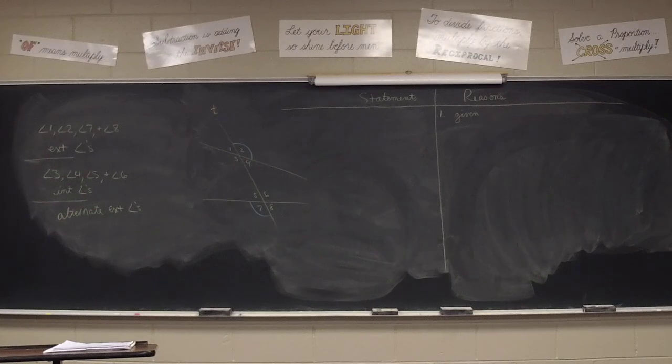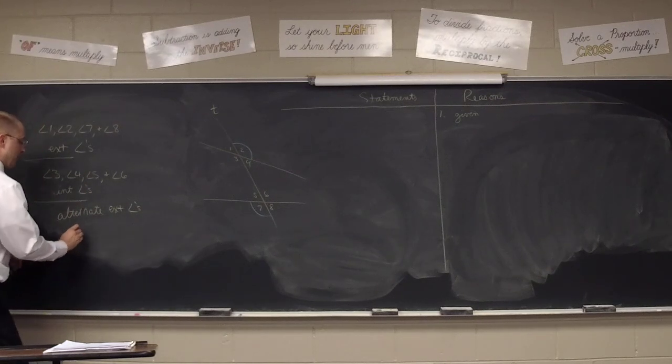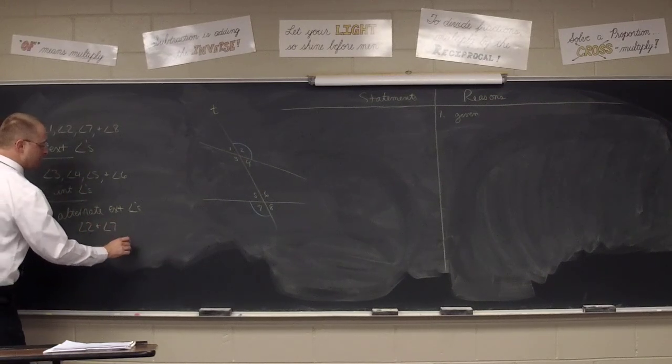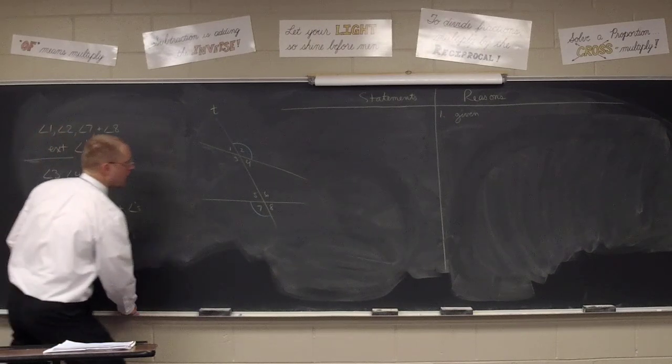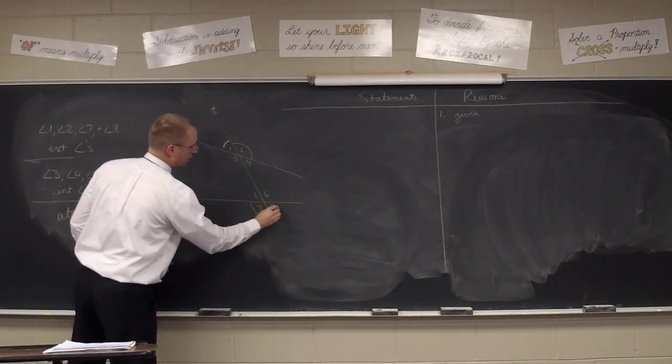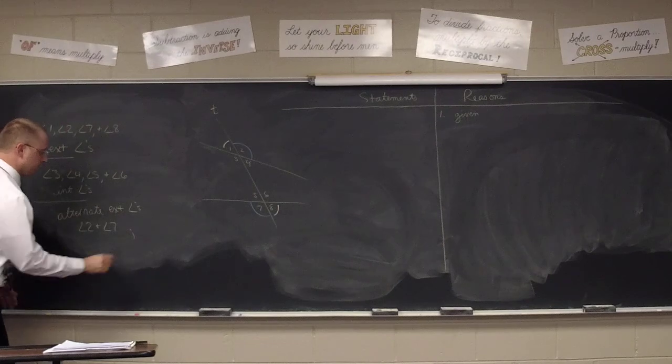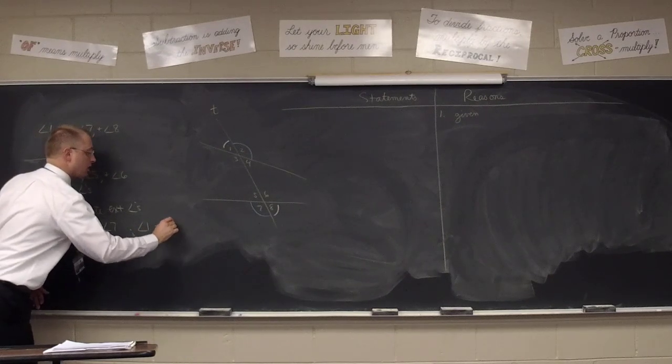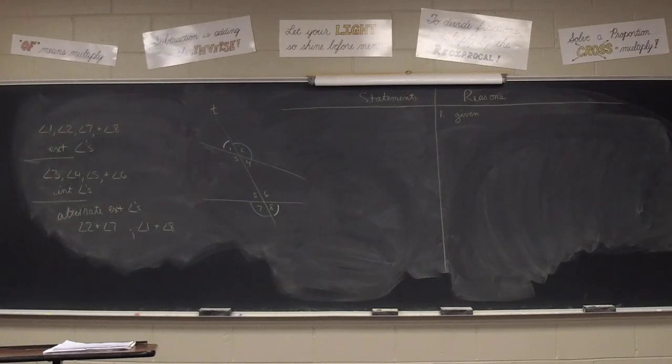And there's 2 pairs of them, angle 2 and angle 7, and of course, angle 1 and angle 8. So when exterior angles are formed, they're formed in 2 pairs of alternate exterior angles. 2 and 7 are alternate exterior, 1 and 8 are alternate exterior.